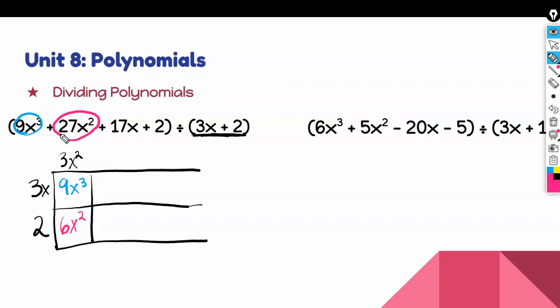No. I have 27x squared. So what I have to put in this diagonal is something that will add with 6x squared to get 27x squared. So I have to put 21x squared. Because now when I combine these two pink terms that are in the diagonal, it's going to give me the 27x squared that I want.